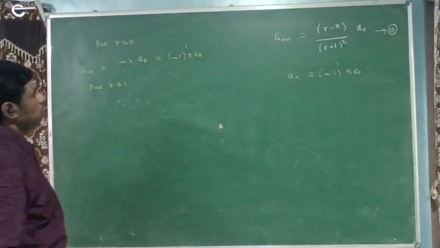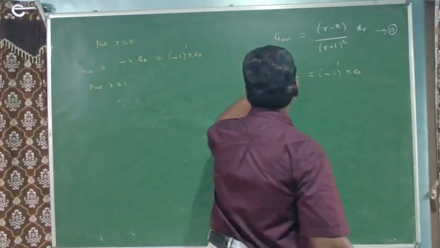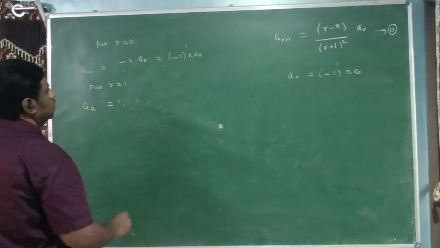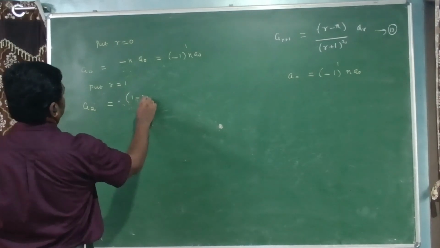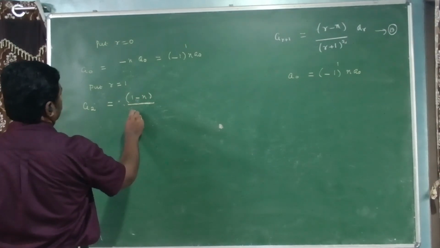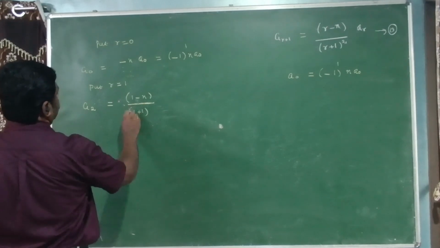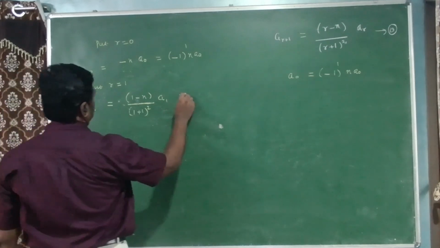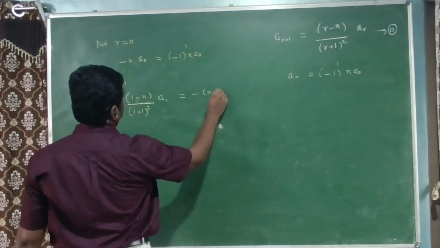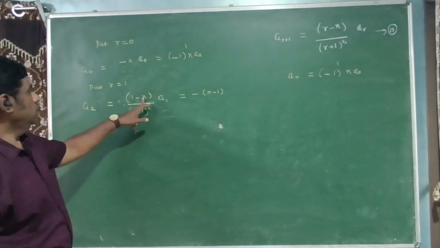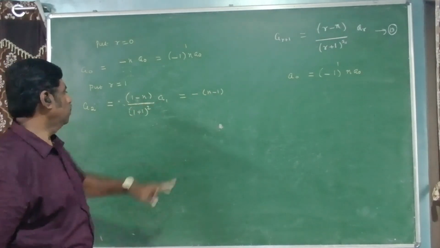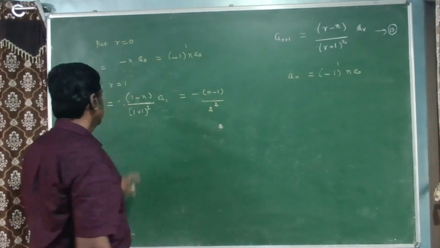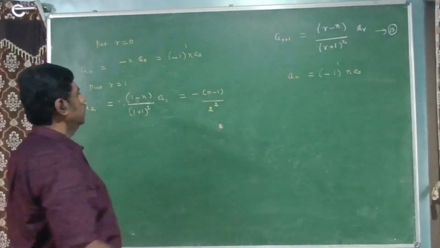1. If you put r equal to 1 in equation 13, we can get the value of a2. a2 is equal to 1 minus n divided by 1 plus 1 whole square into a1. This 1 minus n is changed as minus of n minus 1 divided by 2 square, into a1.